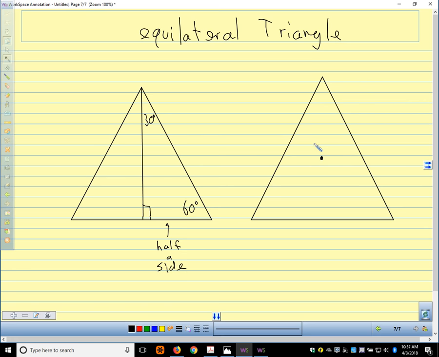If I draw the center, the apothem, equilateral triangles have an apothem and a radius. I also get a 30, 60, 90 triangle.